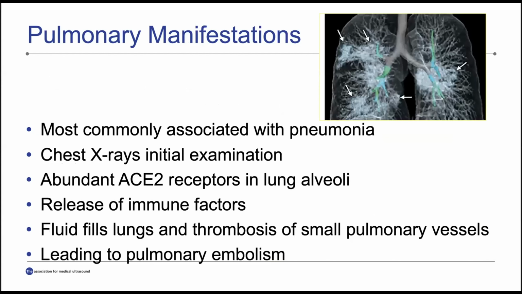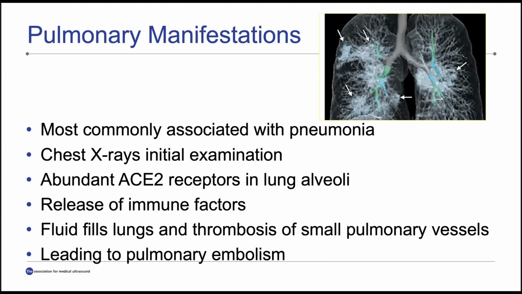So let's start out by discussing the pulmonary manifestations. These are really the most common problems that we saw in patients who initially presented with pneumonia and pulmonary symptoms. The chest X-ray was the initial examination. We could see evidence of pneumonia. And again, this was related to the fact that the virus would enter through the respiratory tract, where there are abundant ACE2 receptors in the lungs, particularly in the alveoli.